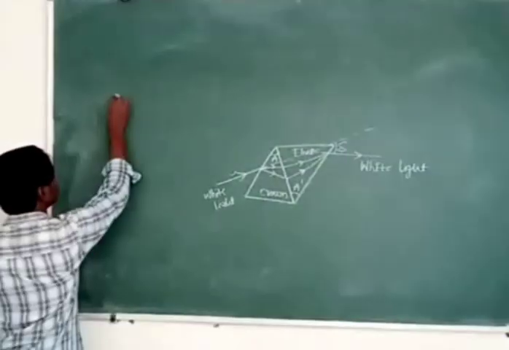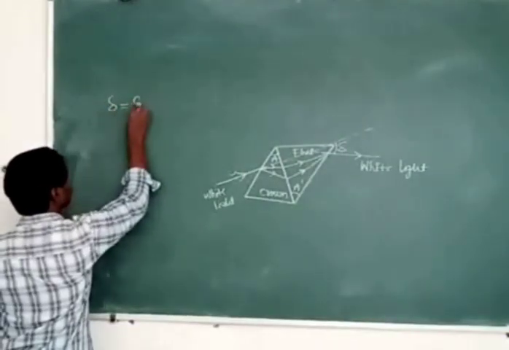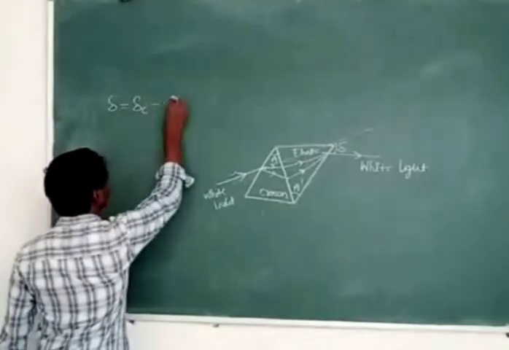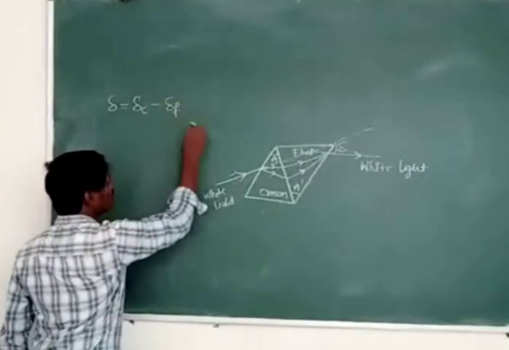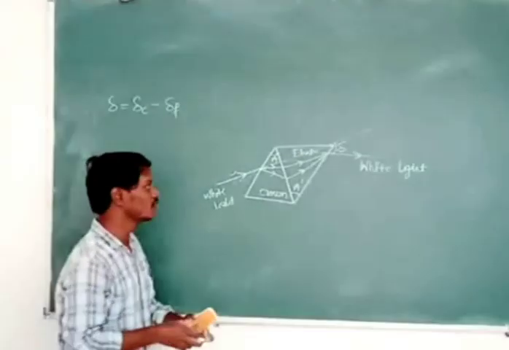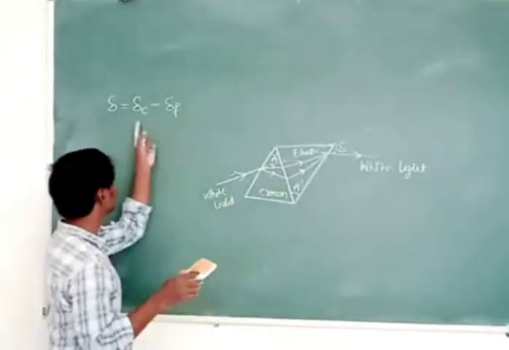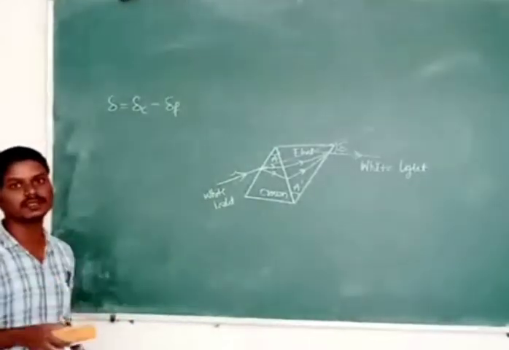The net deviation can be written as delta is equal to the deviation produced by the prism of crown glass minus the deviation produced by the prism of flint glass, because it is opposite to the deviation produced by the prism of crown glass.